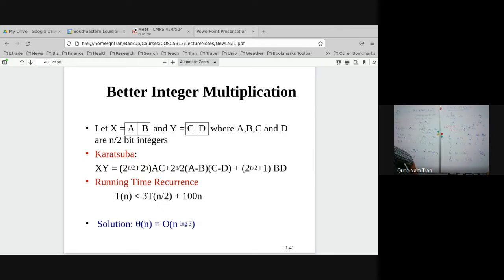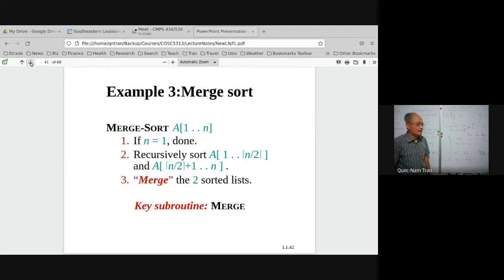Okay? So now the next thing we will do is learning one more sorting algorithm, what we call the merge sort. Let me show you one example, and then we will try to design a merge sort and analyze it to see how we can come up with the complexity of the merge sort.